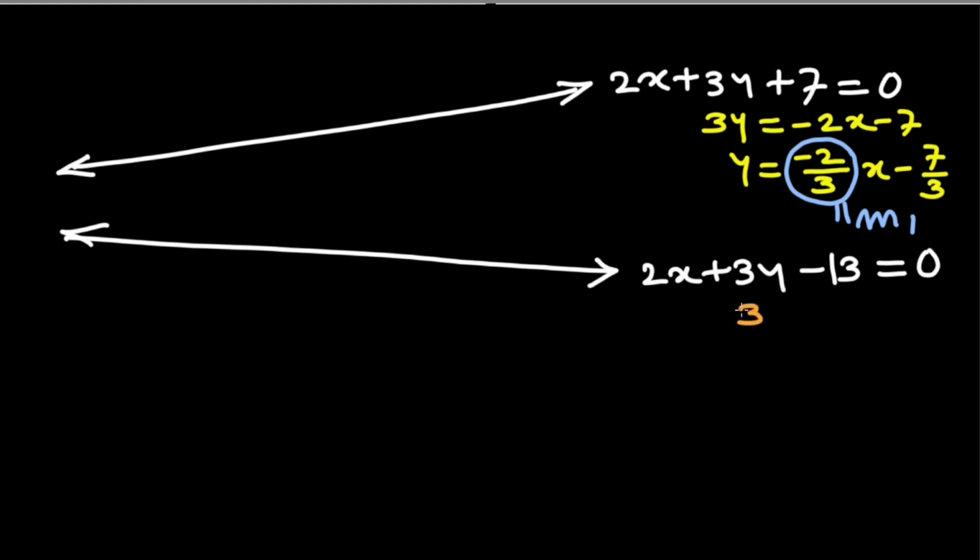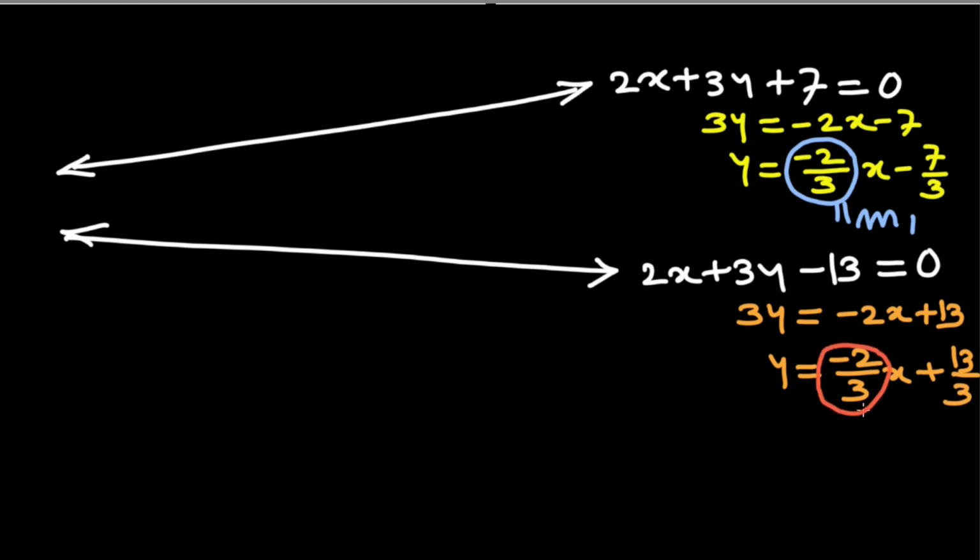Let us find the slope of the line 2x plus 3y minus 13 equals 0. We write 3y equals minus 2x plus 13, y equals minus 2 by 3 x plus 13 by 3. Here, the slope of this line is minus 2 by 3. We name this slope m2.